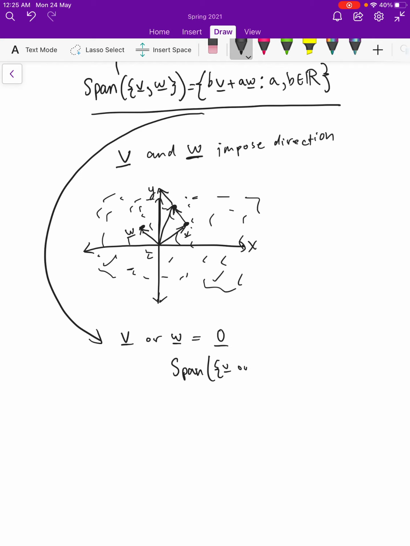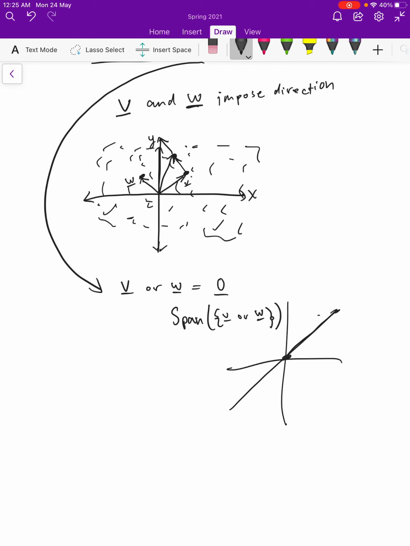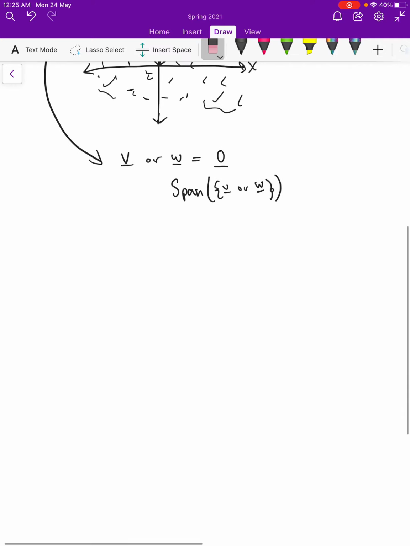I can just say v or w. This is not proper notation, but it's just for the analogy. And this is just going to give us a line through the origin. It's your vector, and then you can have many different scalar constants, and it's going to extend here, go negative if you have a negative coefficient. So remember that you're not going to get a plane if one of these is the zero vector.